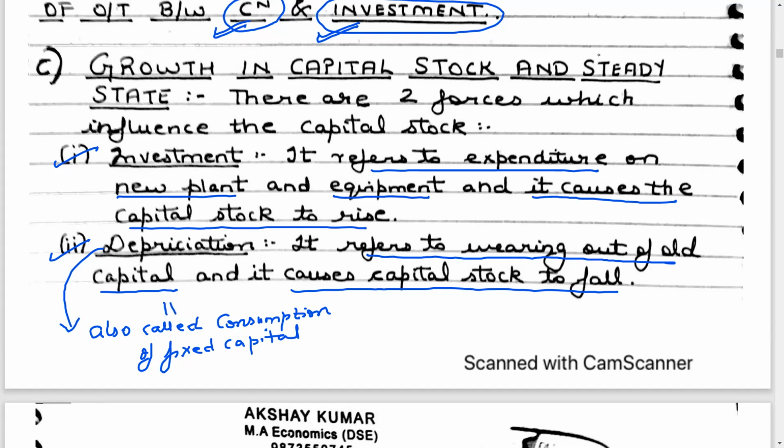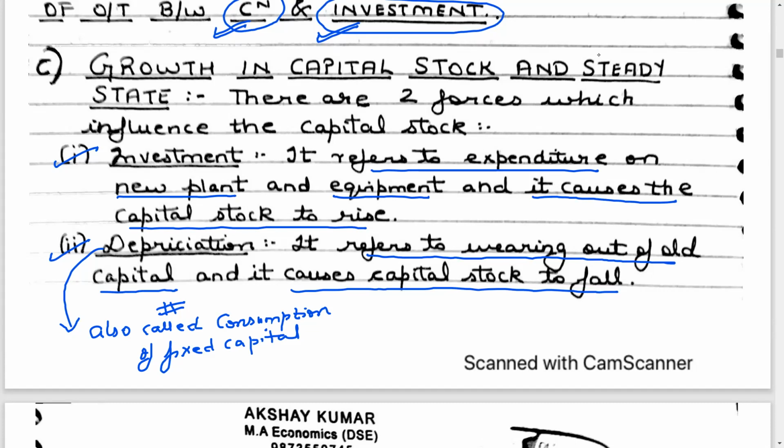Students should not get confused between depreciation and destruction of capital. Destruction of capital is an abnormal situation. Suppose there's a natural calamity. A natural calamity will cause destruction of capital. Depreciation is not an abnormal situation. Depreciation is a normal situation. Every year your capital in the book of accounts will get depreciated. It will tend to lose its value.